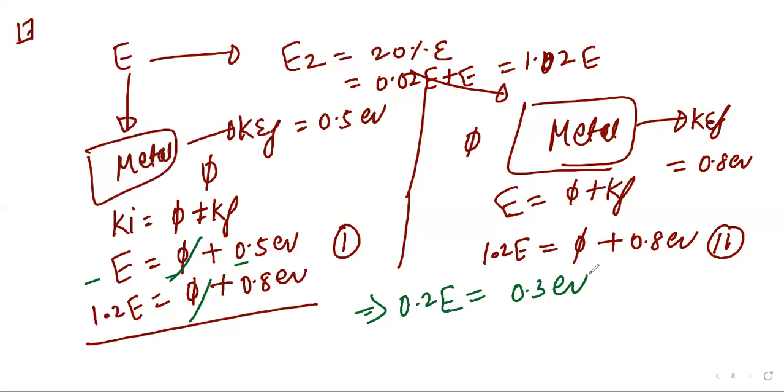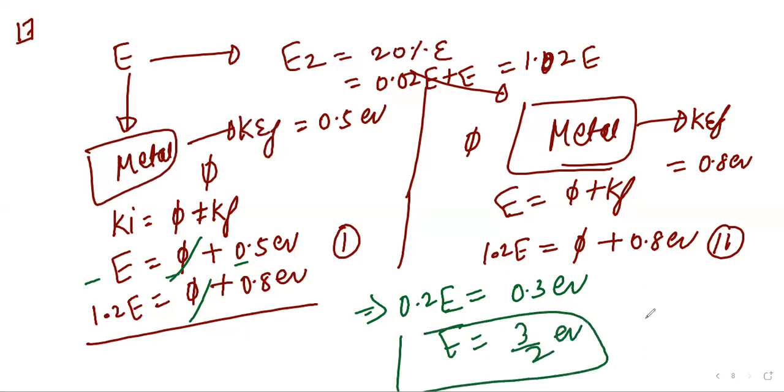So now put E value in the first. So E value we got 3/2 electron volt. Right. This is the third one. Put third in first. So first is E equal to phi plus 0.5 electron volt.